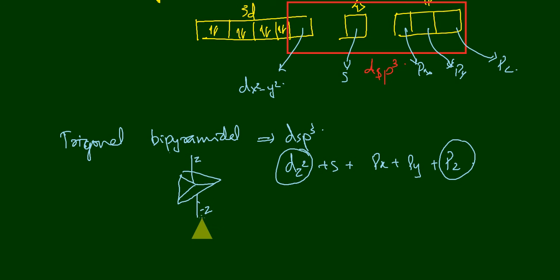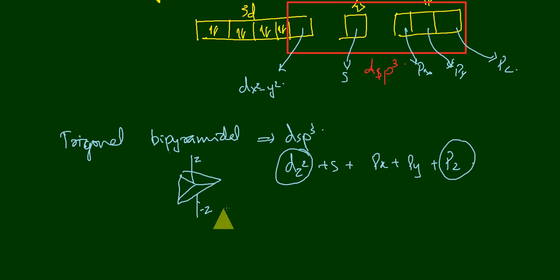Corresponding to these two bonds, there were two hybrid orbitals. These were obtained because there were two atomic orbitals in the z direction, dz square and pz, and because of this combination, you got two hybrid orbitals in the z direction.